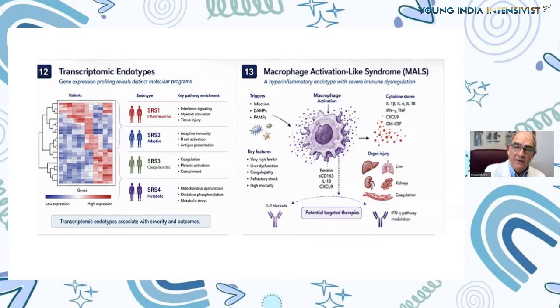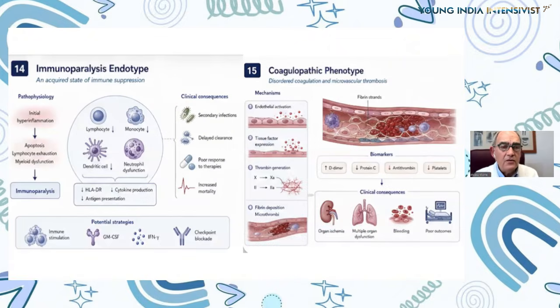If we have, as I showed you, a macrophage activation-like syndrome, which is a hyperinflammatory endotype, we do have also an immunoparalysis endotype, which is an acquired state of immunosuppression. The pathophysiology is in general very often the initial hyperinflammation.